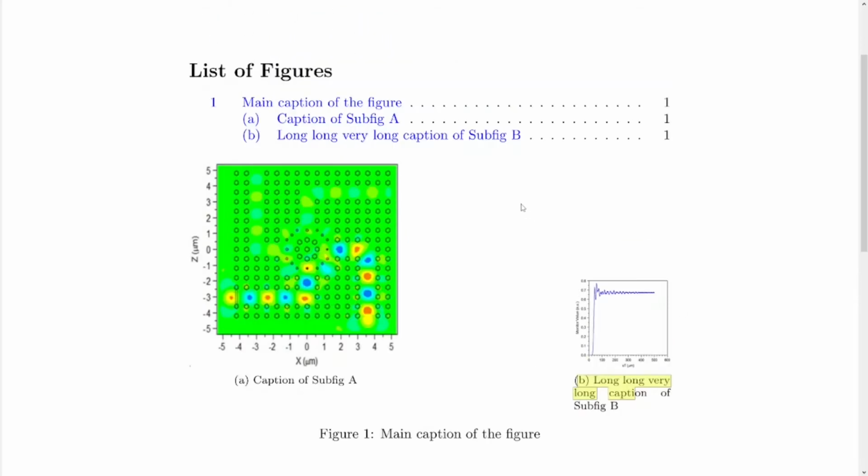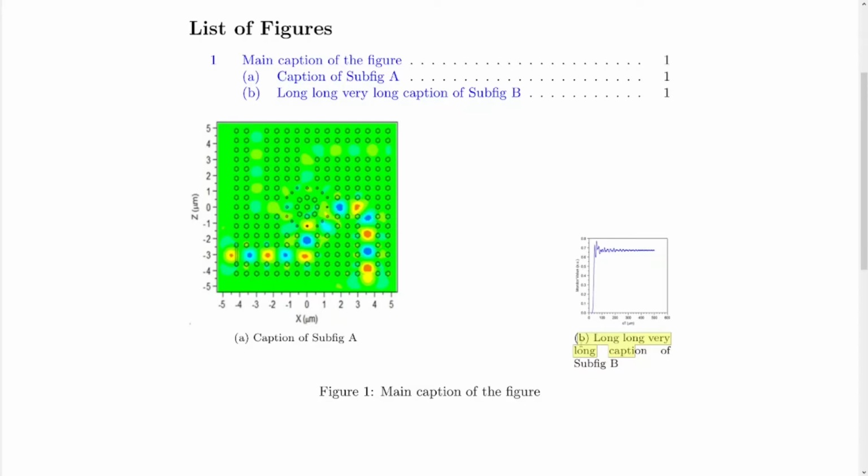Third problem is, at times the hyperref link fails for subfigures. For the first two problems, alignment of the two subfigures, and subfigure caption occupying more than one line, we can resolve them by enclosing the first subfigure in a minipage environment and similarly enclosing the second subfigure in another minipage environment. However, the hyperlink problem cannot be solved with the subfig package.